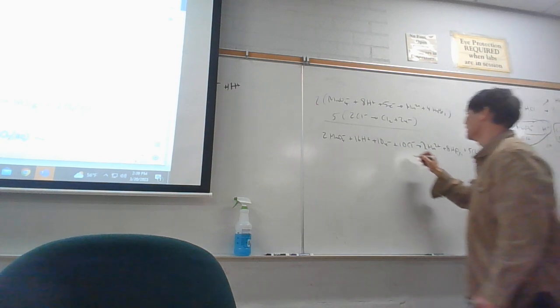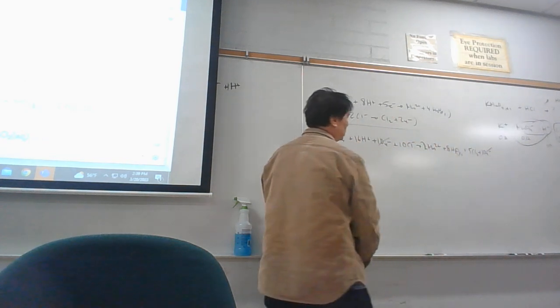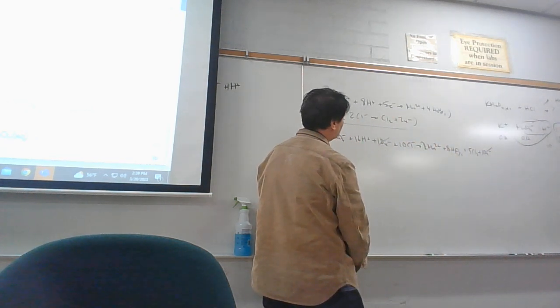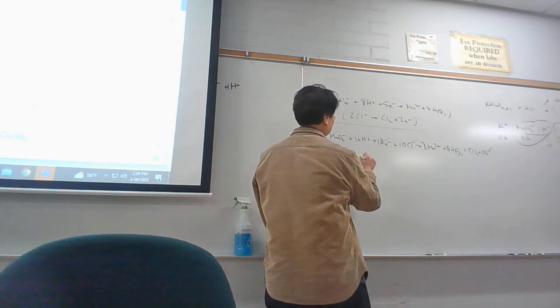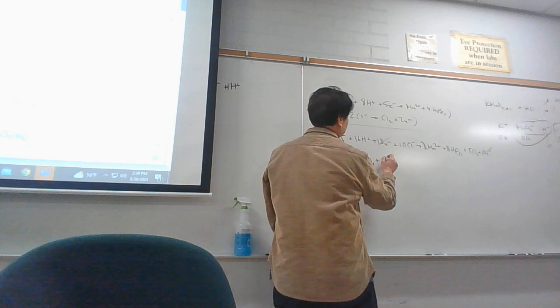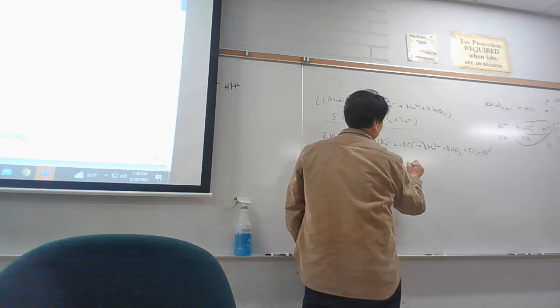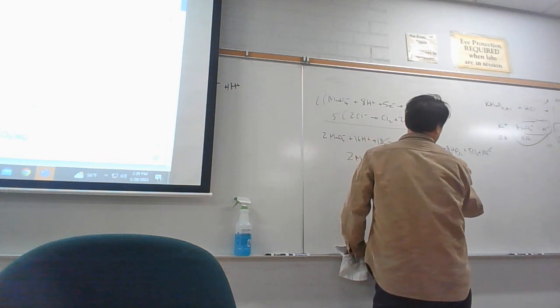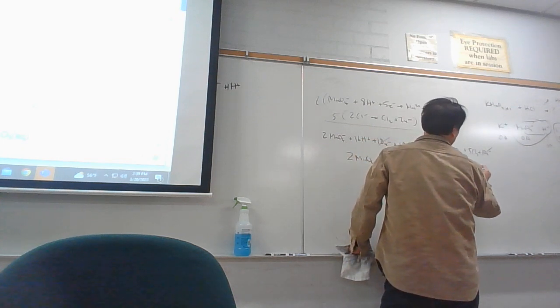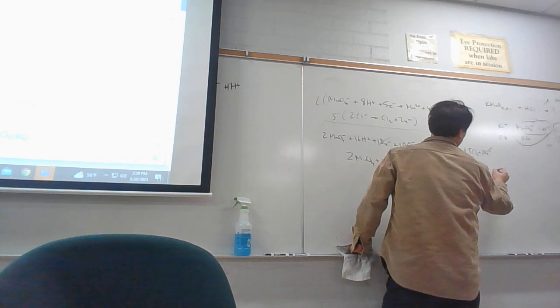Okay, then let's simplify. The 10 electrons cancel, and then looks like that's it. So I'm going to end up with 2 permanganates plus 16H+ plus 10 chlorides yields 2 Mn2+ plus 8 H2O liquids plus 5 chlorine gas.